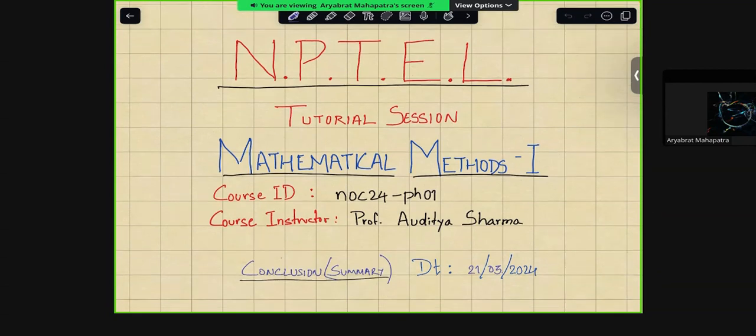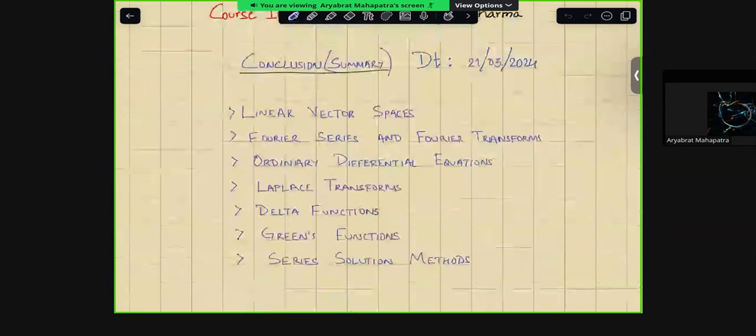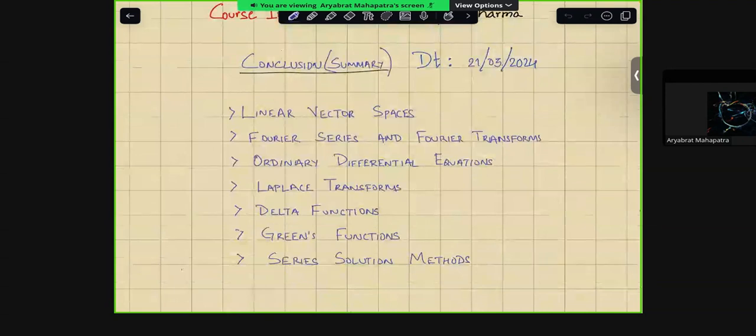These are the topics you went through. Beginning from linear vector spaces, then Fourier series and Fourier transforms, ordinary differential equations, Laplace transforms, delta functions, Green's functions, series solution methods, and so on.